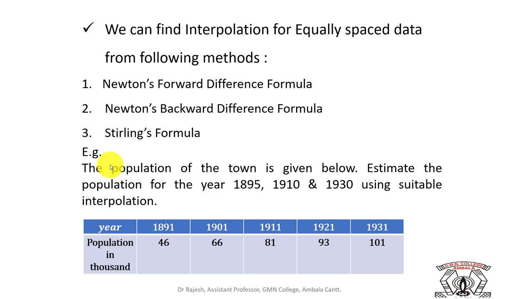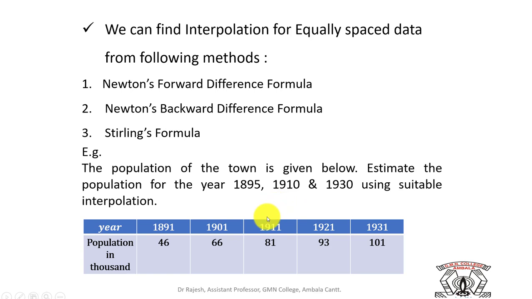For example, the population of the town is given and we are required to find the population in the year 1895. It is near the beginning, so Newton's forward difference formula will be used.